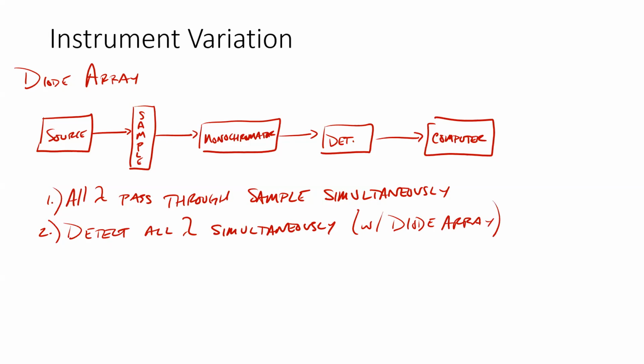And so the monochromator in a diode array looks a bit differently. I'll just sketch it out real quick. We have our incoming light that goes into our collimating mirror.